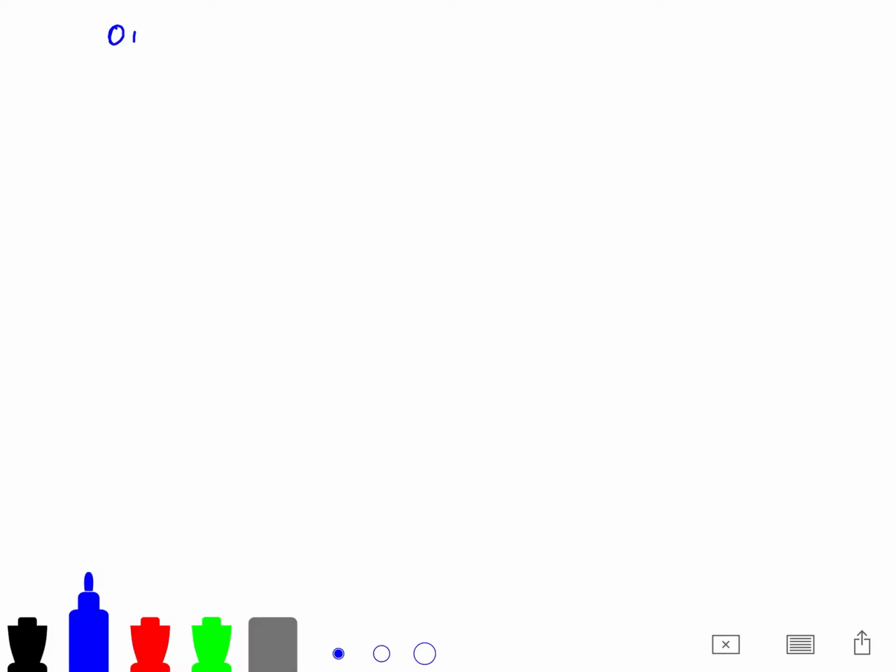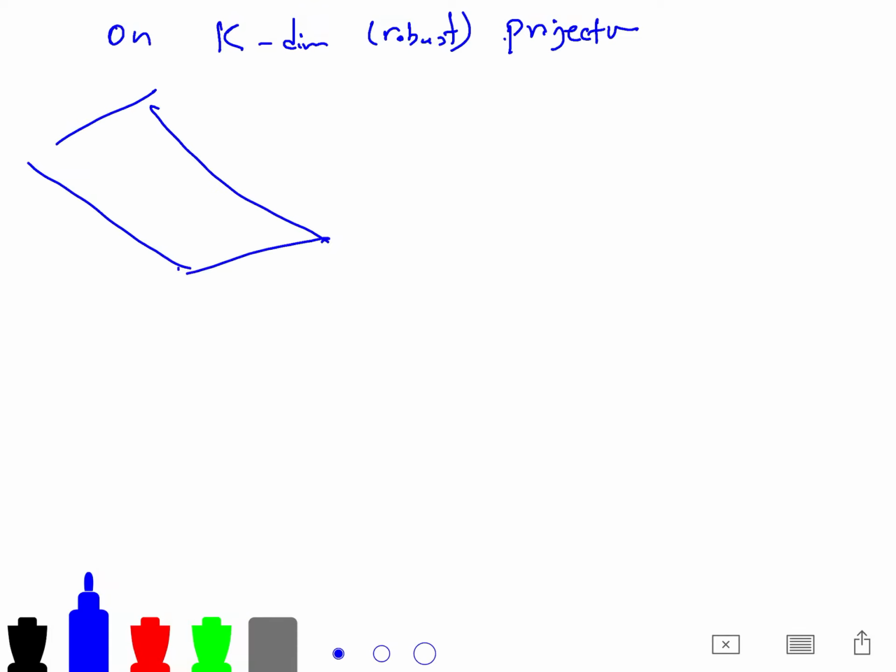Another idea for regularization, to overcome the problem that your optimization is hard, is to stick to a k-dimensional subspace. So we call it k-dimensional or robust projections. You project your distribution to this hyperplane, let's say, and this is E transpose push forward of mu.